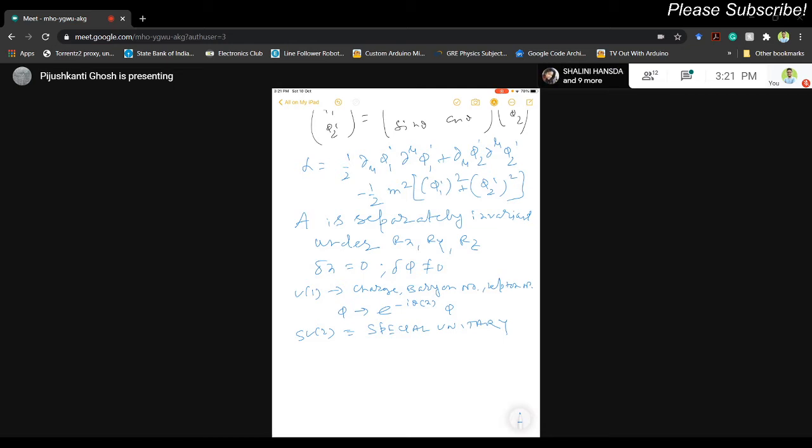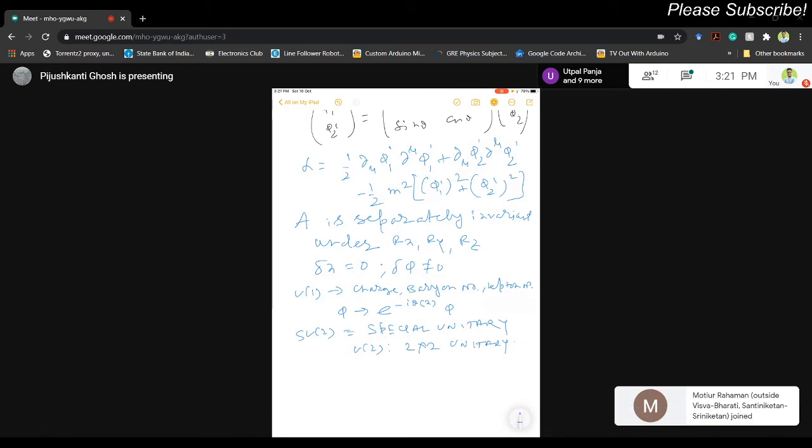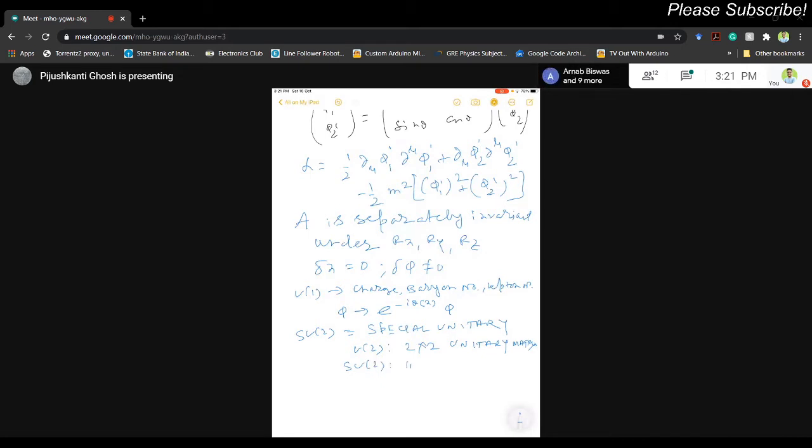U for unitary, that is 2 cross 2 unitary matrices; the group formed by 2 cross 2 unitary matrices is called U2. SU2 is again 2 cross 2 unitary matrices with the condition that determinant of U is equal to 1.